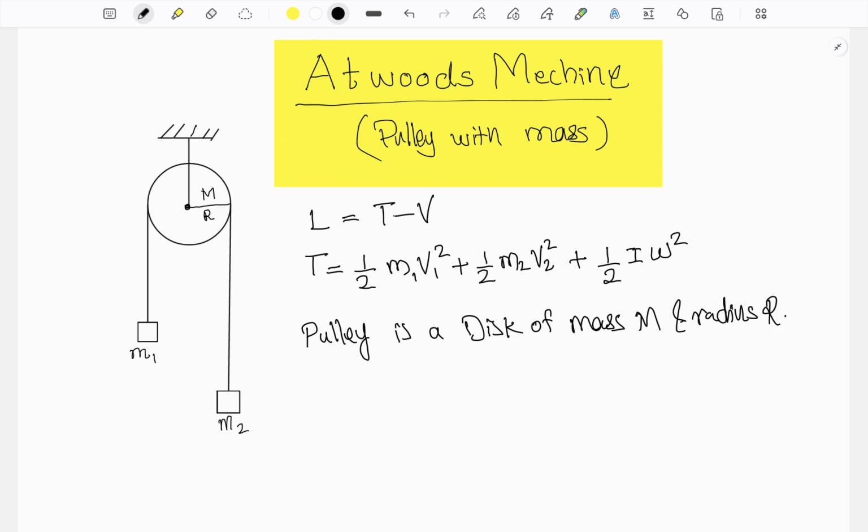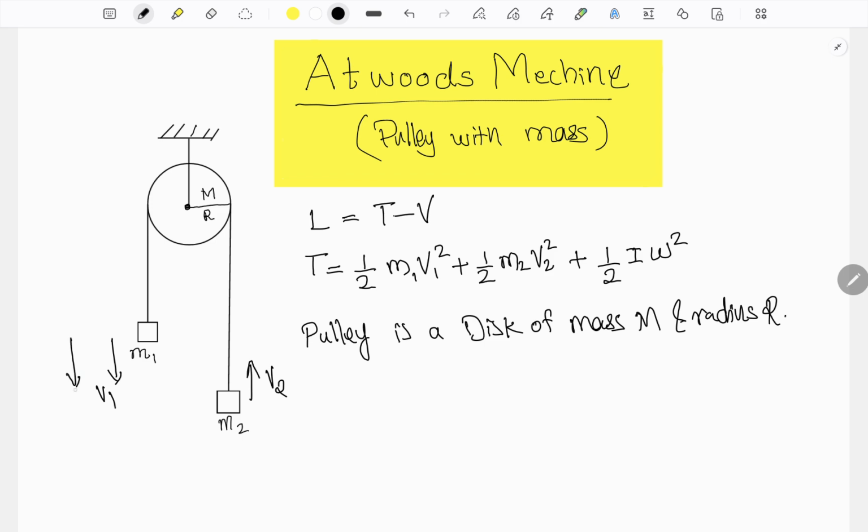Let it be there. Now let us see the constraint relation. Because the length of the string is fixed and the string is unstretchable, if m1 is moving with velocity v1 in the downward direction, then m2 will be going up with velocity v2.